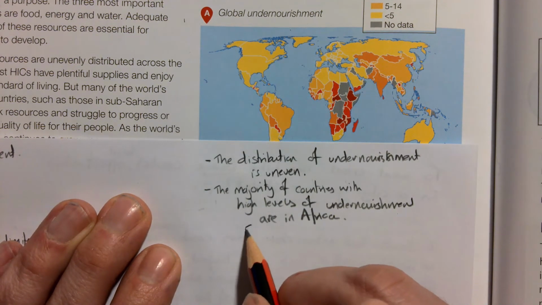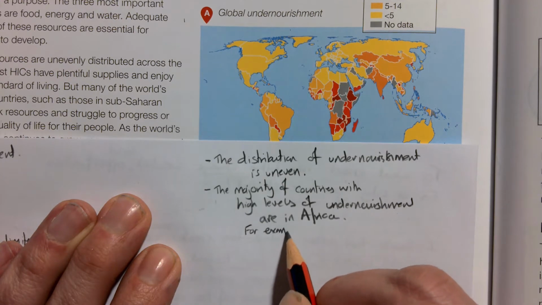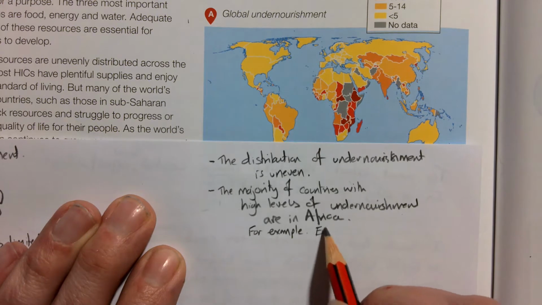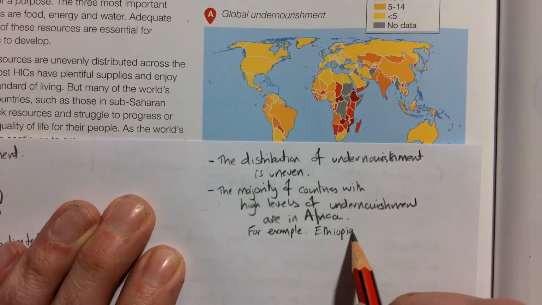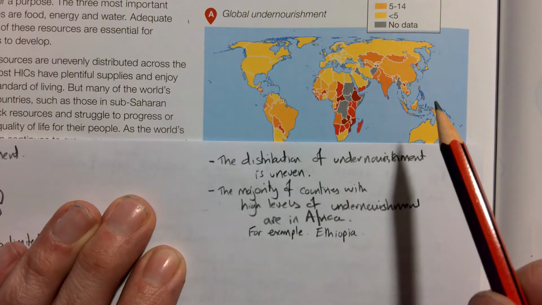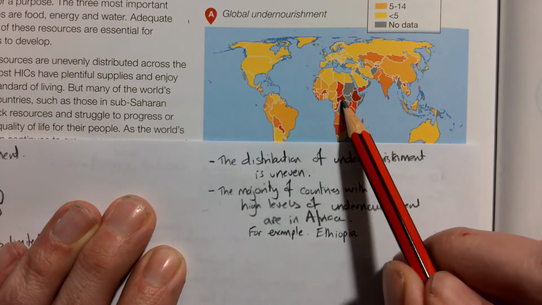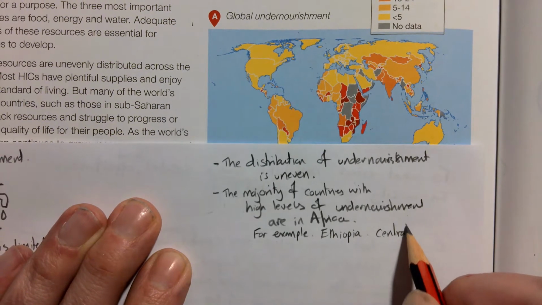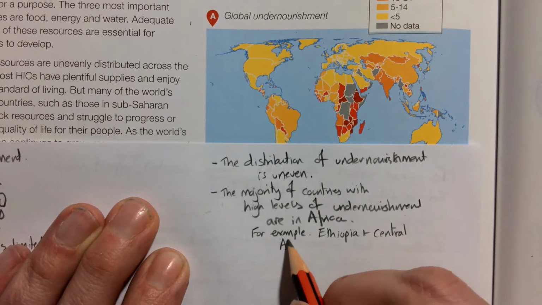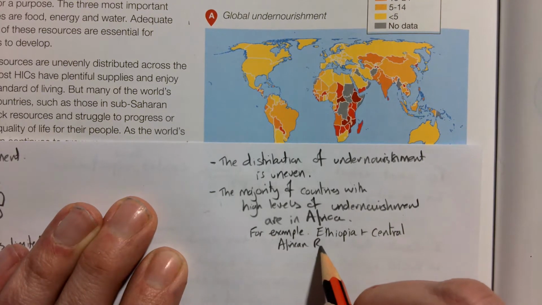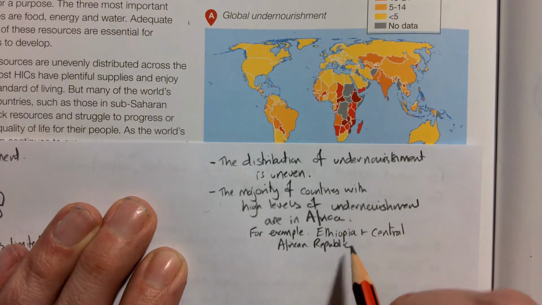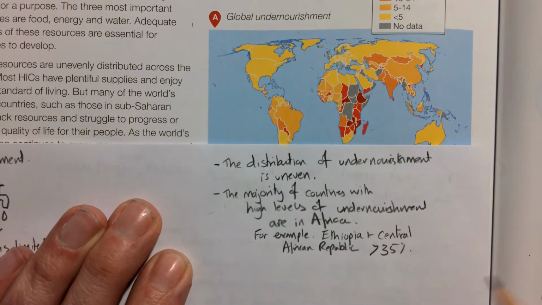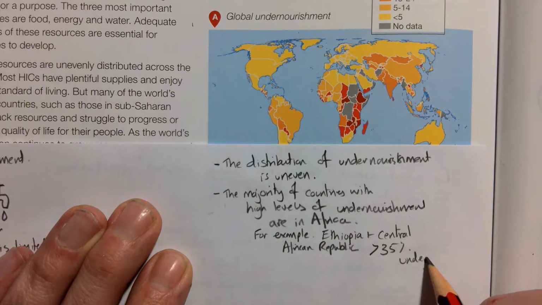So you could say, for example, Ethiopia, and let's go for another one, Central African Republic, both have greater than 35% of their people undernourished.